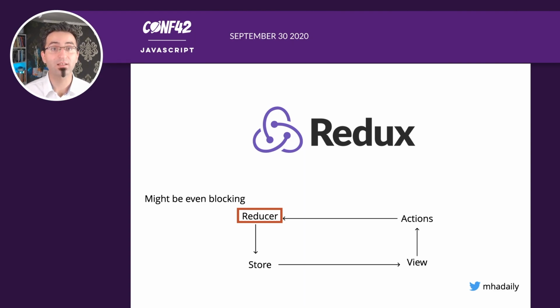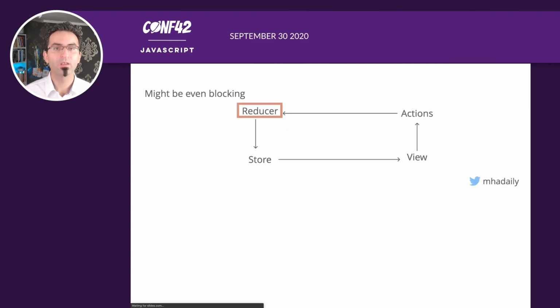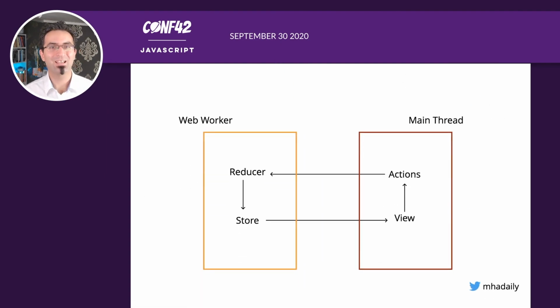And that's synchronous, and that's sometimes time consuming and blocking. So what we can do in this case, for instance, is hand this reducer and store off to our worker thread, and then we can have the view and actions in our main thread. So simply, we are handing off this heavy logic, which is blocking our main thread, to somewhere else.